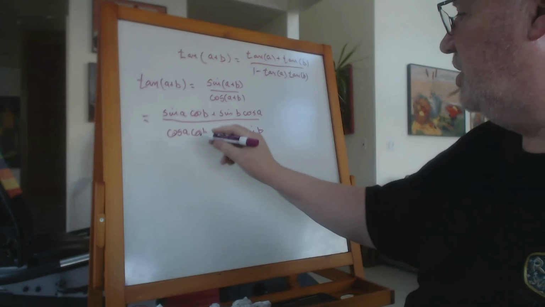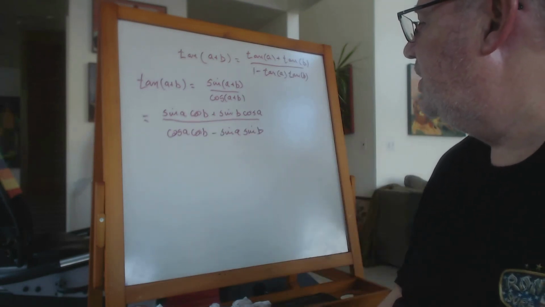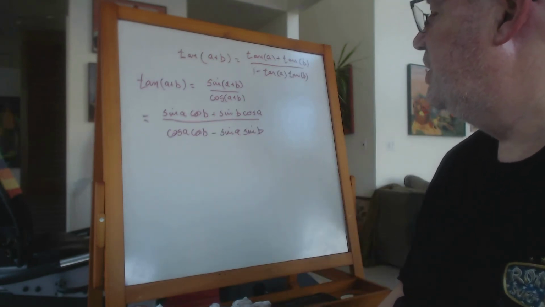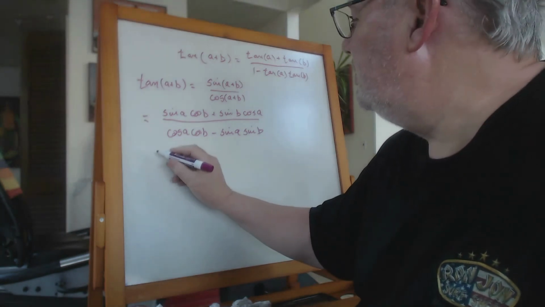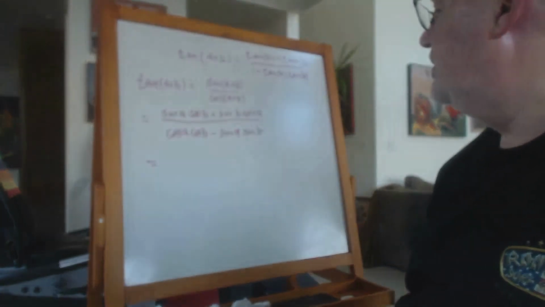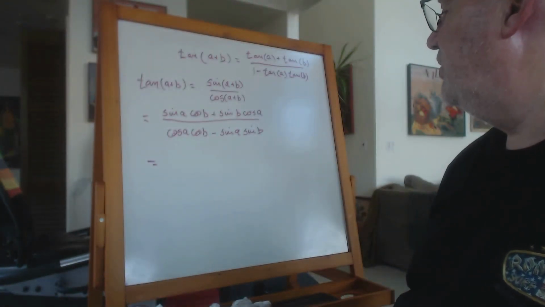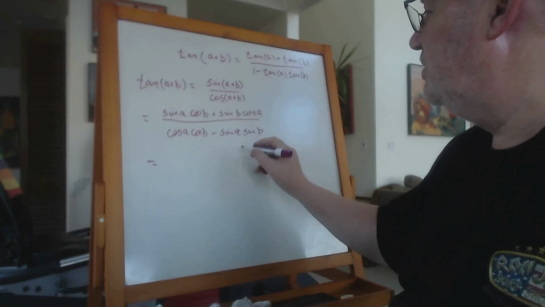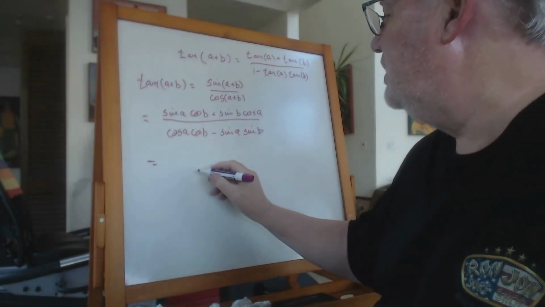And we break this up, and let's do something here. What do we have to get the tangent? Let's pull out the cosine.